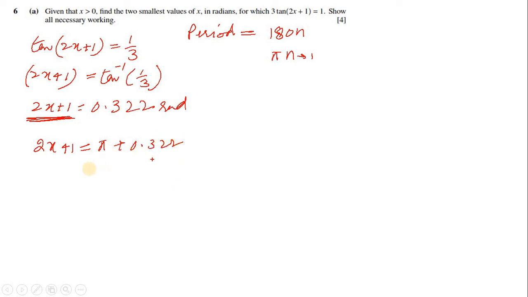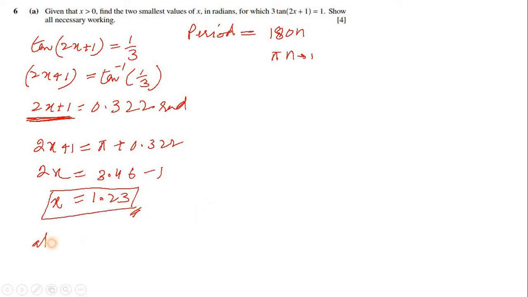And now you can solve this for x. So 2x is equal to pi plus 0.322, so it will be 3.46, and then minus 1 here, and then x is equal to 1.23. This is your first value of x.